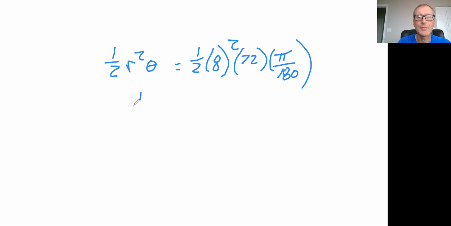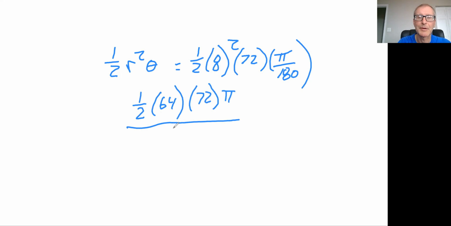So what do we have here? We have 1/2, we have 64, we have 72, and we have pi, and we divide all that by 180. 9 times 8 is 72, so that would be an 8.